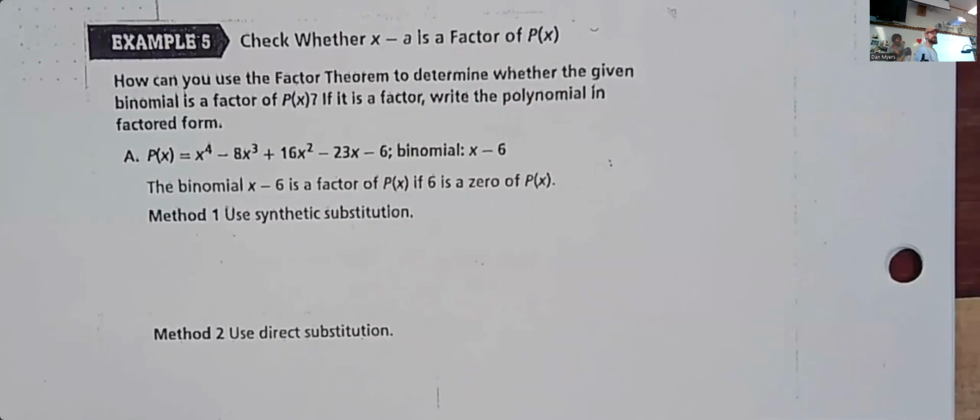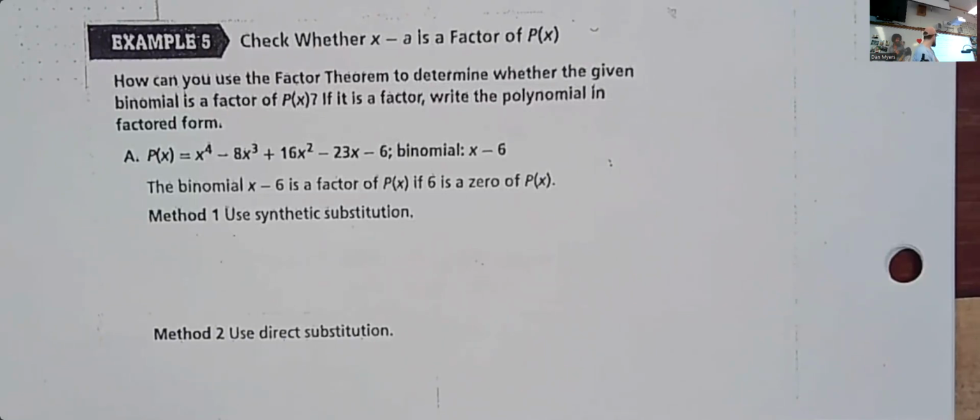If something is or is not a factor, it depends entirely on the remainder. So if there is a remainder, is it a factor? No. Okay. If the remainder is 0, is it a factor? Yes. Okay. So if there's nothing left over, if it divides evenly, remainder of 0, it is a factor. If there is a remainder other than 0, it's not a factor.